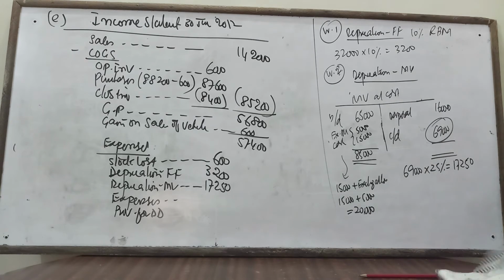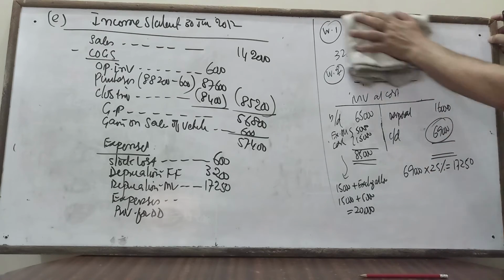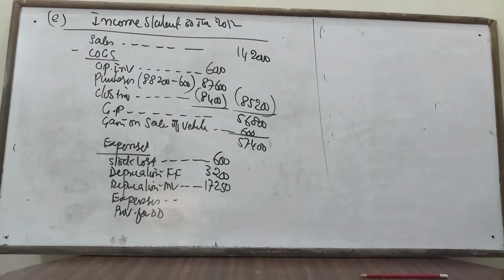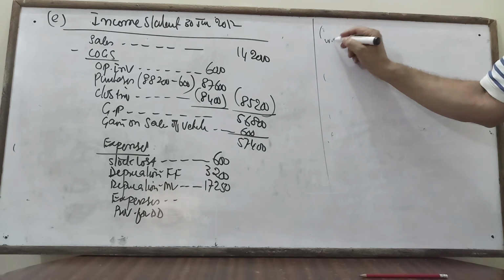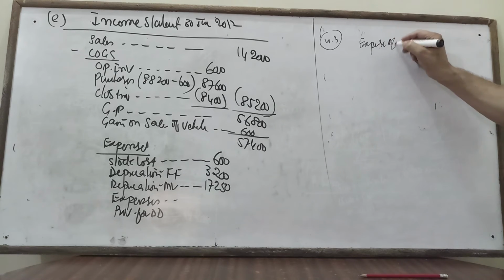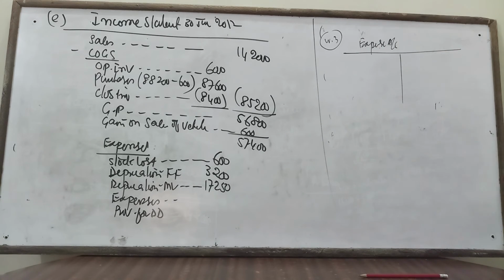Now I'm showing working number 3, which is the expense account, and the last working is for doubtful debts. So for that you have to make an expense account. The opening balance of the expense account, accrued expense opening, is given as expense owing brought down, 500, given on top.